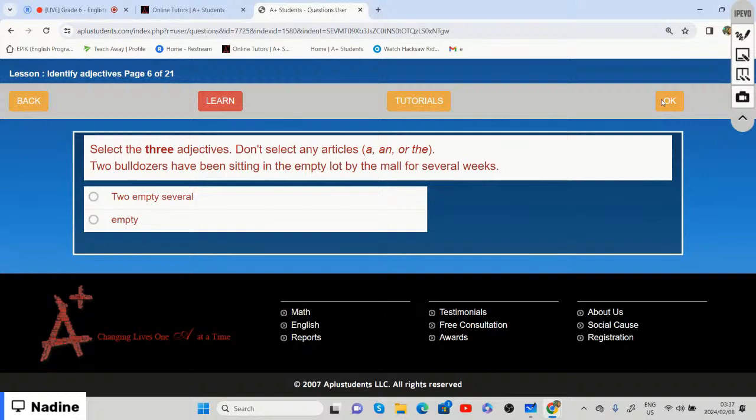So we need to select three adjectives now. Three. Two bulldozers have been sitting in the empty lot by the mall for several weeks.